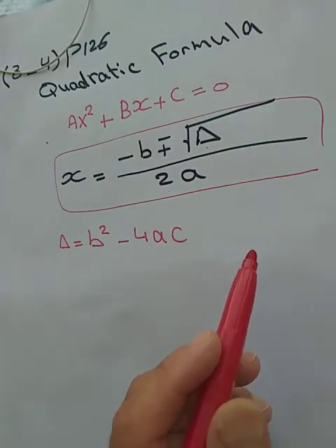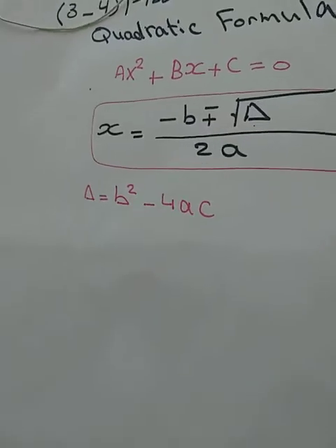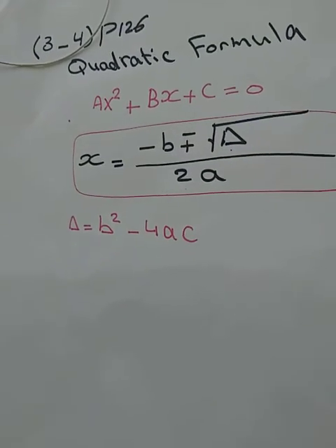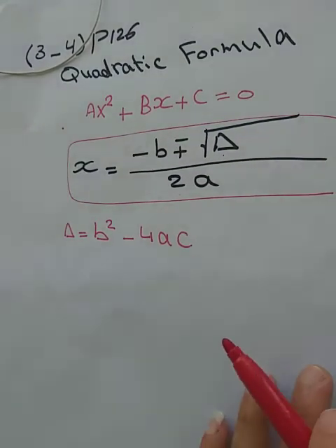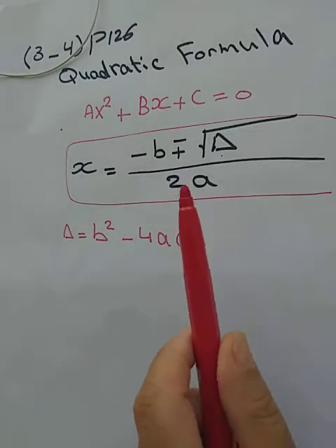This is chapter 3, section 4. Okay, what you have to study, only this one you have to know. The quadratic formula is a formula to find the value of x.